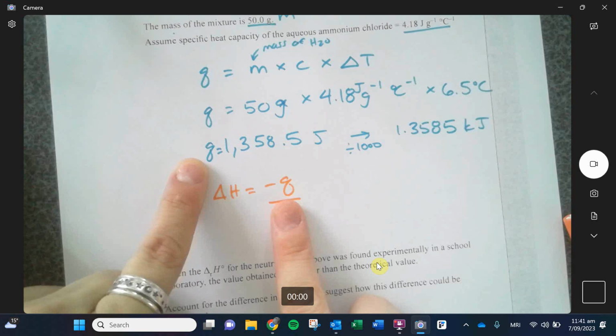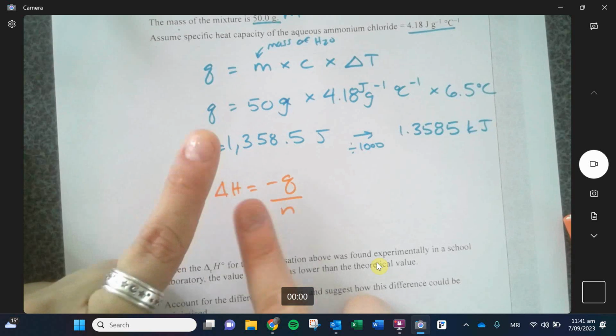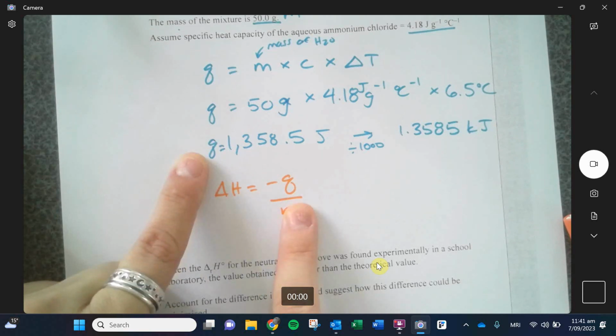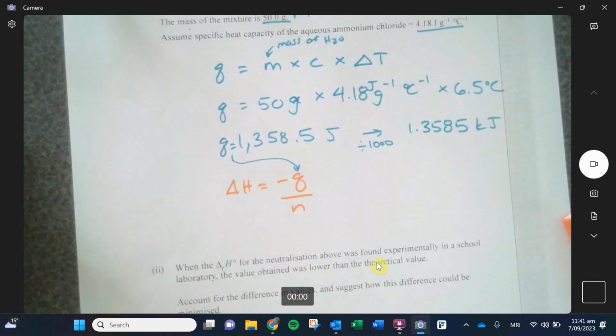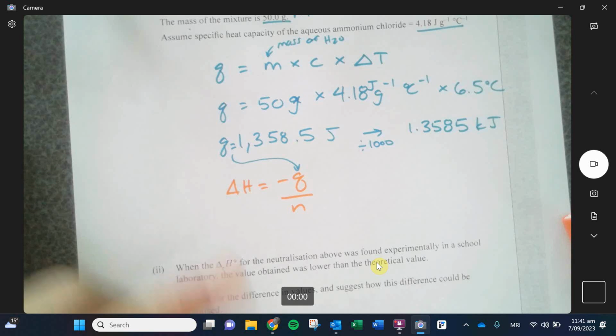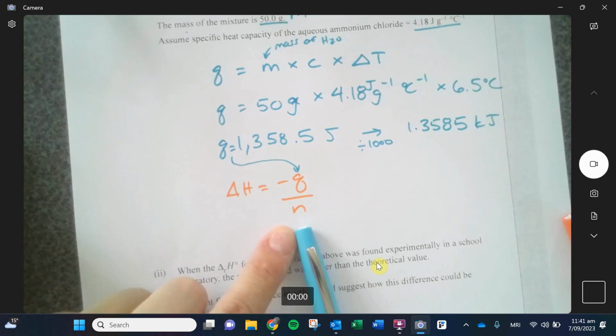Q is the change in heat, or change in energy. I already have my Q number, so that number is just going to go here. I don't know my mole number, though, because that's the n.